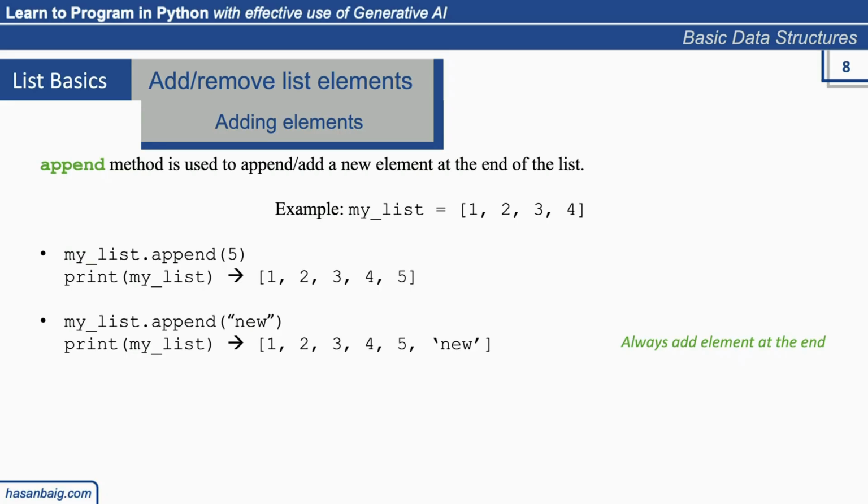You have 5 boxes in front of you, so which box? Similarly, in your code you may have one list, or maybe tens of lists. So you need to first specify which list you want to add to. You specify the name of the list that is already created, and then the operation you want to perform on this list. Here in this particular example, I'm performing append, adding an element.